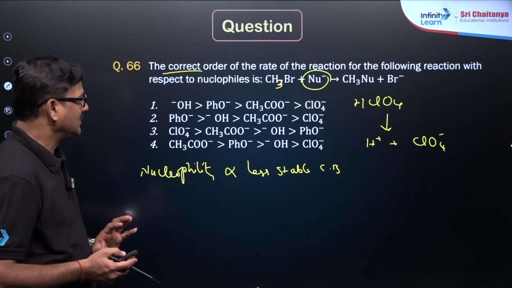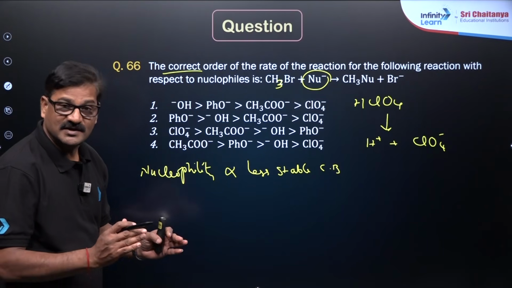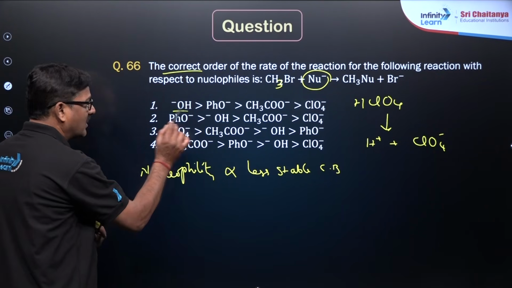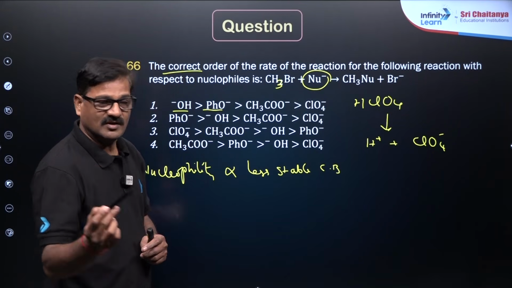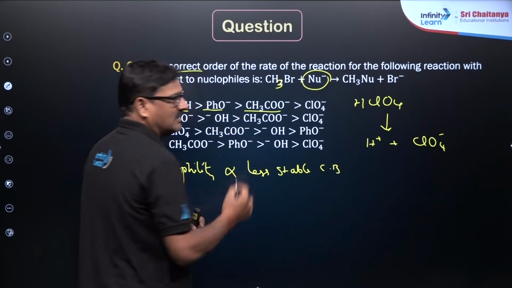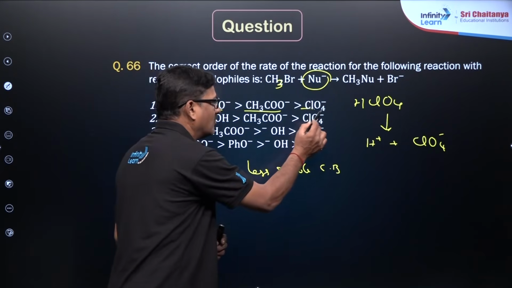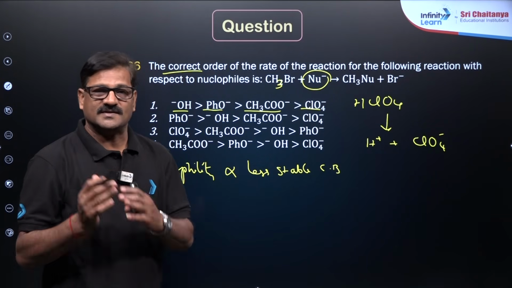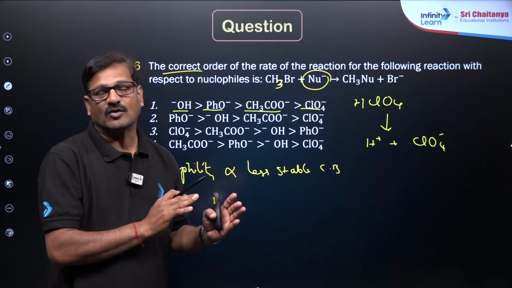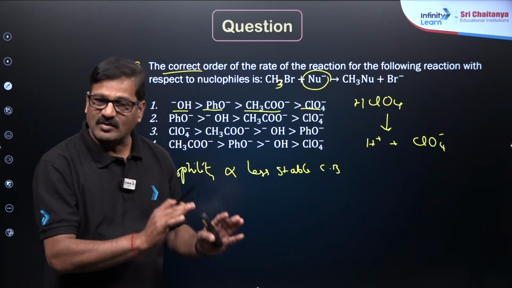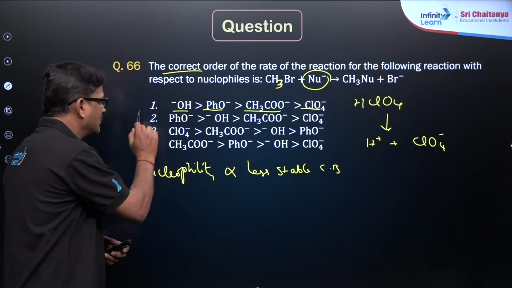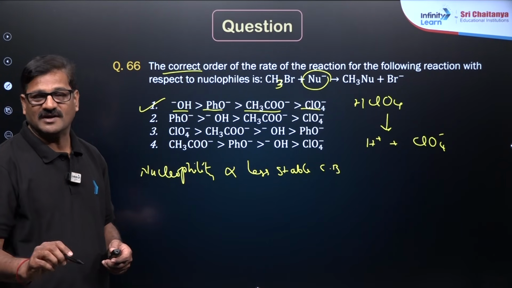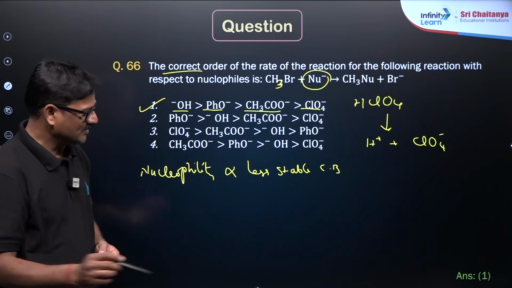So I want to say here OH is a strong nucleophile as compared to B. Phenoxide ion is stronger as compared to the acetate ion and the perchlorate ion. So a strong acid will have the weak conjugate base, and the weak conjugate bases are the better nucleophiles. So I would say option 1 is going to be the correct answer for this question.